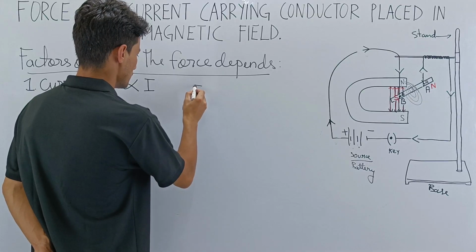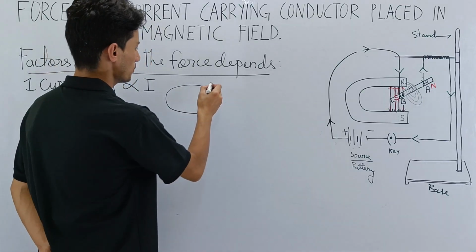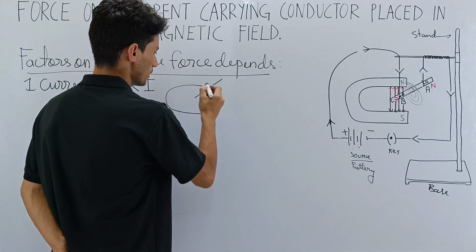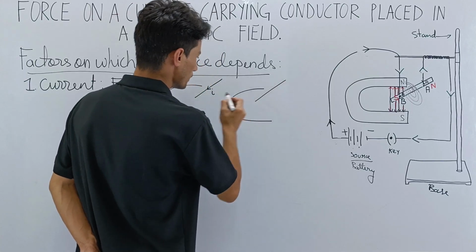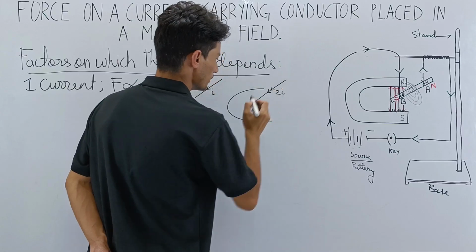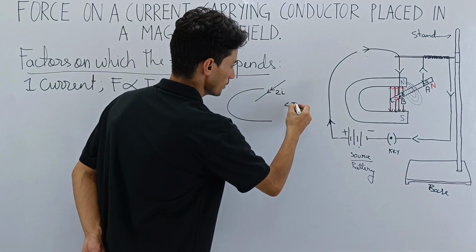So let's say this is the magnet, and then we have the conductor in which current I is flowing. Then we have the same magnet and the same conductor in which current this time is 2I. So more current here, greater current here.